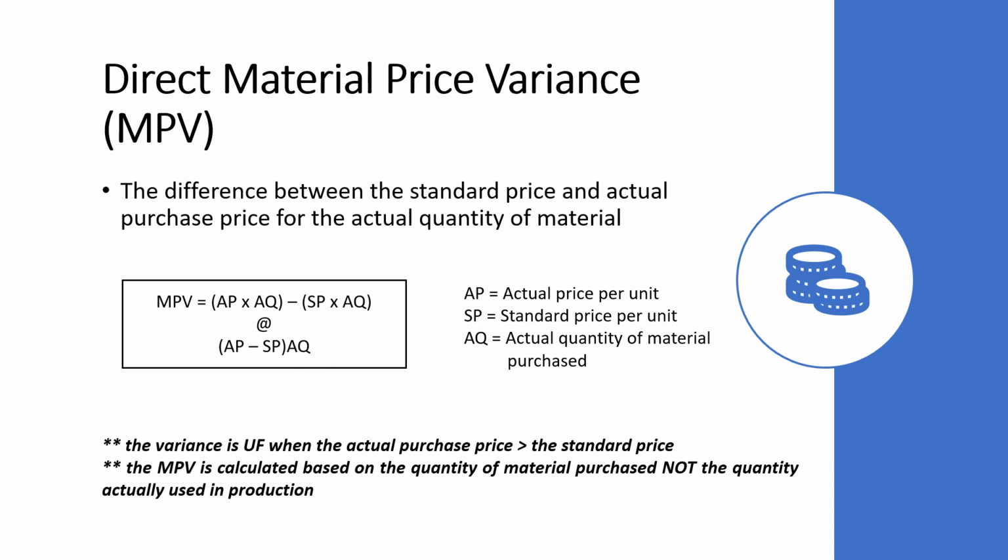To simplify, it is the actual price per unit minus the standard price per unit, times the actual quantity of material purchased.